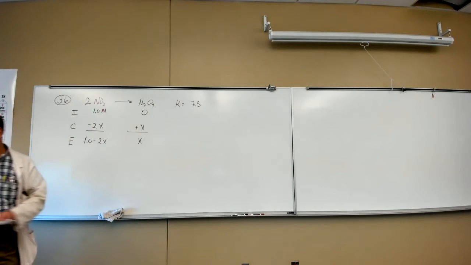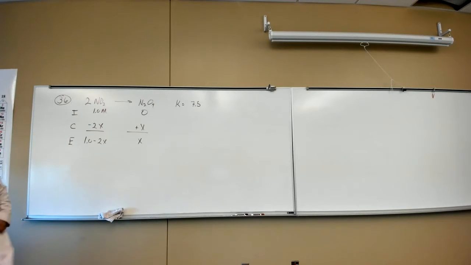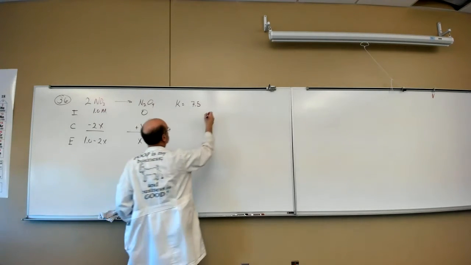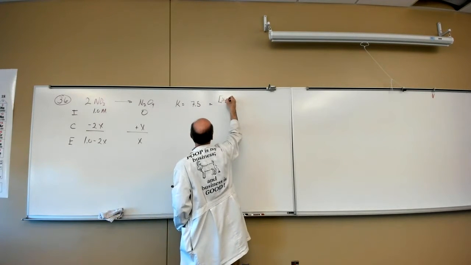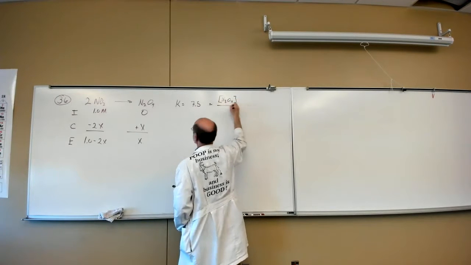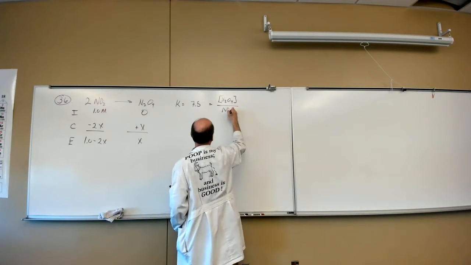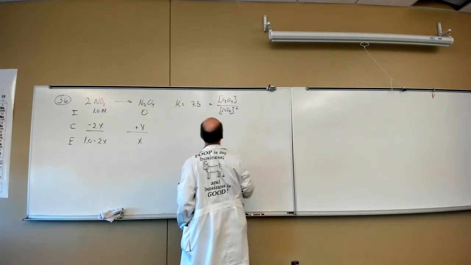All right, so this K is equal to N2O4 divided by NO2 squared.